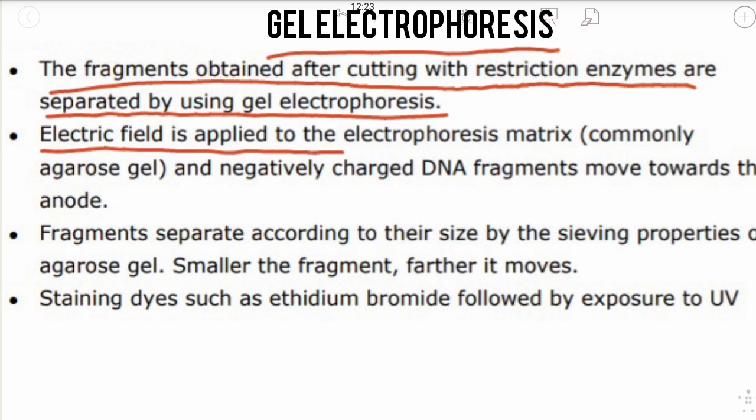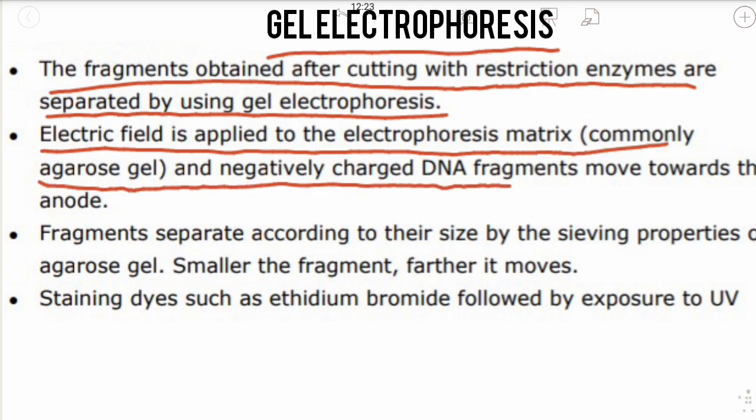An electric field is applied to the electrophoresis matrix, commonly called agarose gel, and negatively charged DNA fragments move towards the anode. The fragments obtained after cutting with the restriction enzymes are negatively charged, so obviously they move towards the anode. The anode is positively charged.